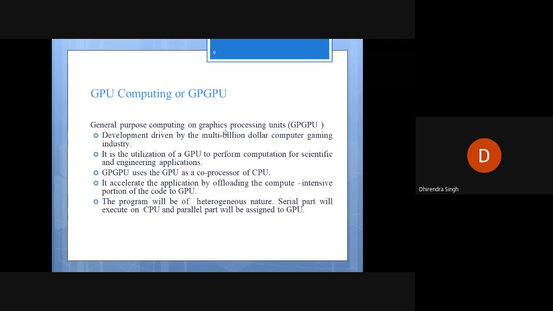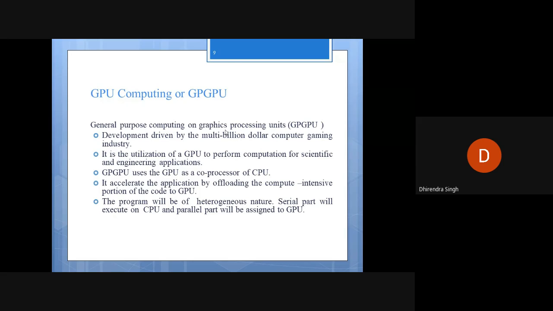Sometimes it is called GPGPU, general purpose computing on graphics processing units. That's GPU computing. Initially, when the CUDA or OpenCL concepts were not available, people were trying to map their problem to a graphics problem. Whatever problem they had, they mapped it to some kind of graphics problem and then assigned it to the GPU for computation.